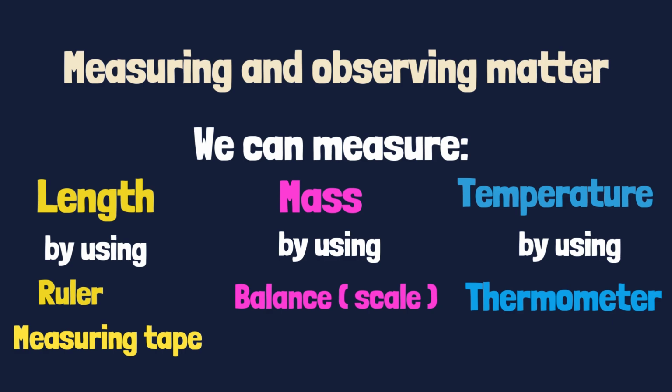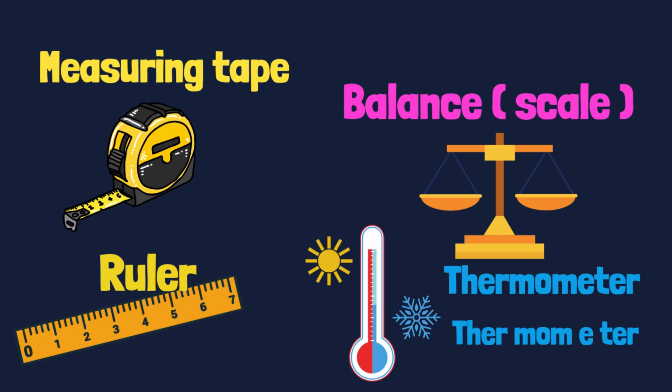We can measure the mass of the matter by using the balance, the scale, and we can measure the temperature by using the thermometer. So for how to measure the matter, we use measuring tape and ruler for length, balance or scale for mass, and thermometer to measure the temperature.